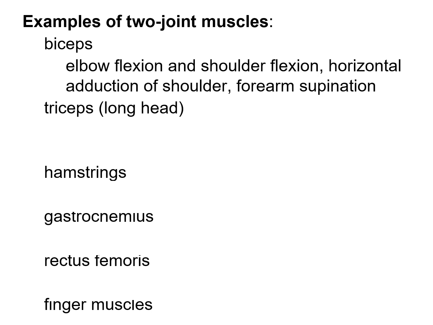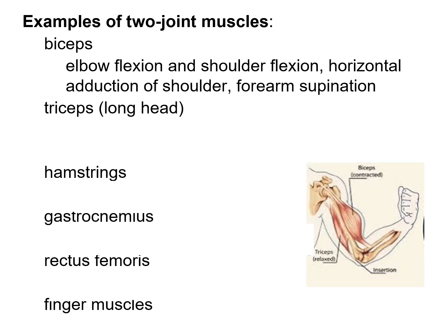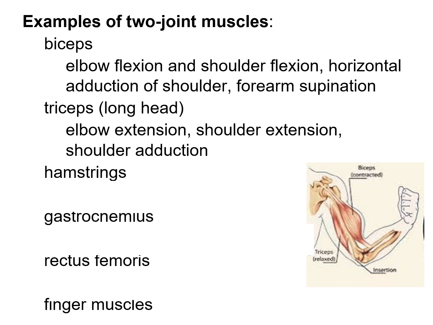The biceps brachii: we see elbow flexion, shoulder flexion, horizontal adduction, adduction of the shoulder, and forearm supination. For our triceps, especially the long head of the triceps, we see elbow extension and shoulder adduction.